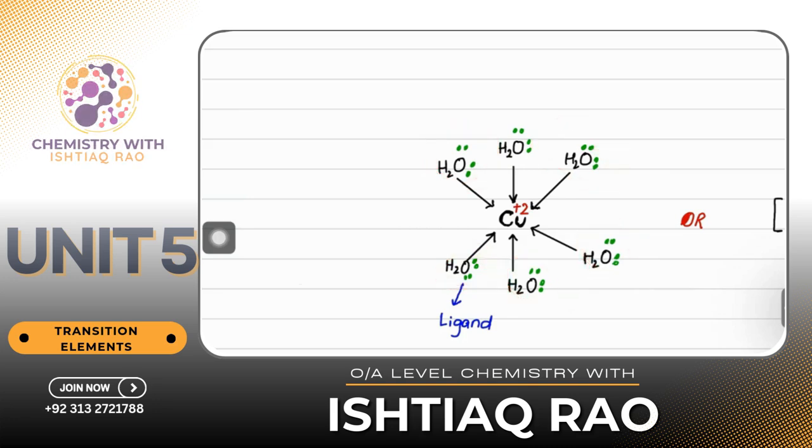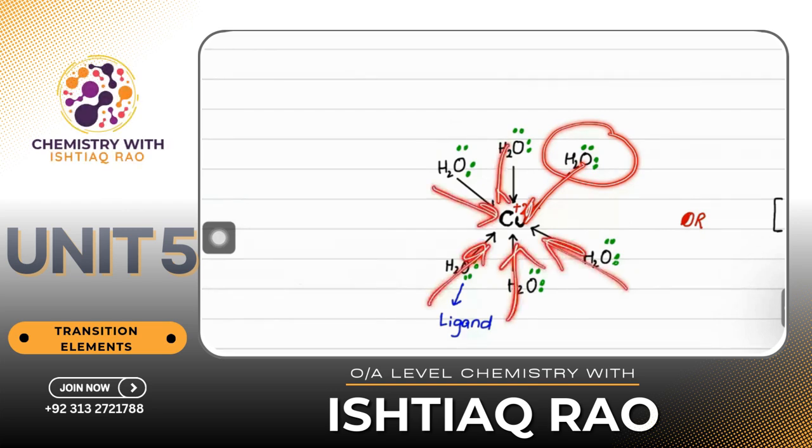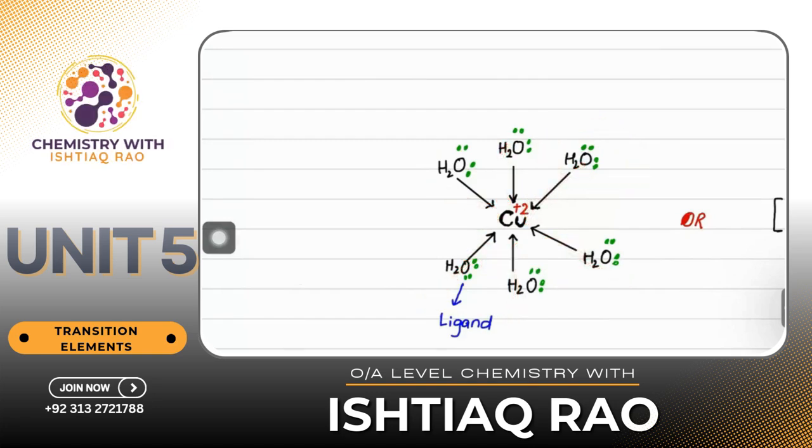So we have multiple lone pairs on the water since water is a ligand. Water would be giving its lone pair to the copper, six times. We cannot attach more than the assigned ligands.